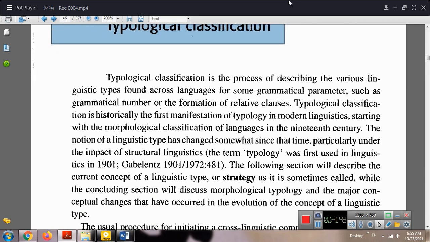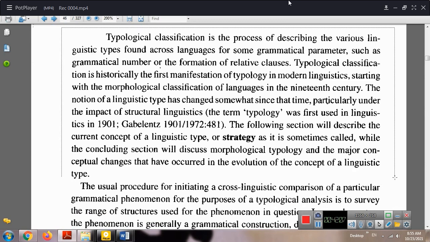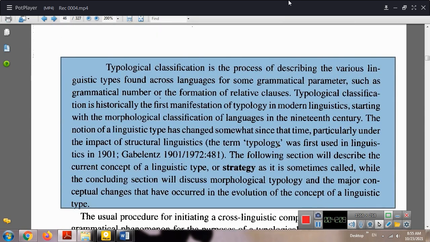The typological classification is the process of describing the various linguistic types found across languages for some grammatical parameters such as grammatical number or the formation of relative clauses. Okay, you should know the definition of typological classification.